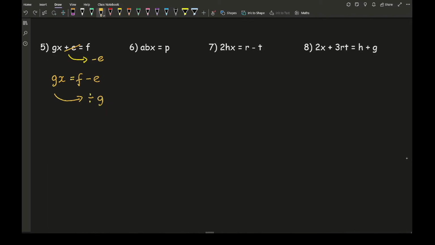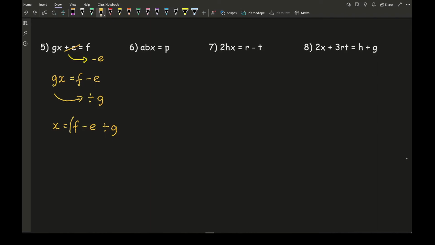Now this is where you just need to be careful of how you're presenting your final answer. Now x equals, the problem is that more often than not, an incorrect answer would be f minus e divided by g, which although sounds correct, and is in some aspects, because of BIDMAS, this would not be marked correctly. Why? Because looking at this, only the e is being divided by g, and we need to divide everything by g.